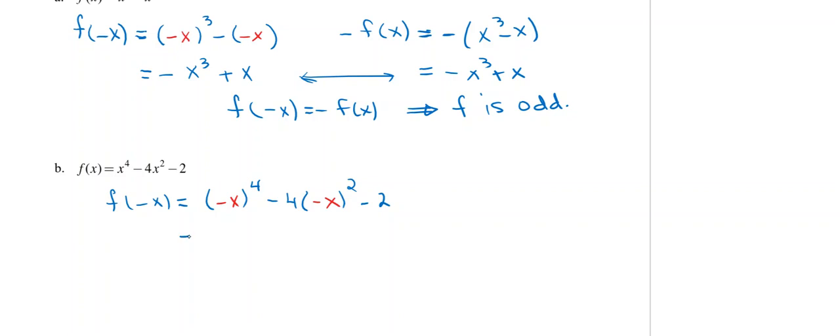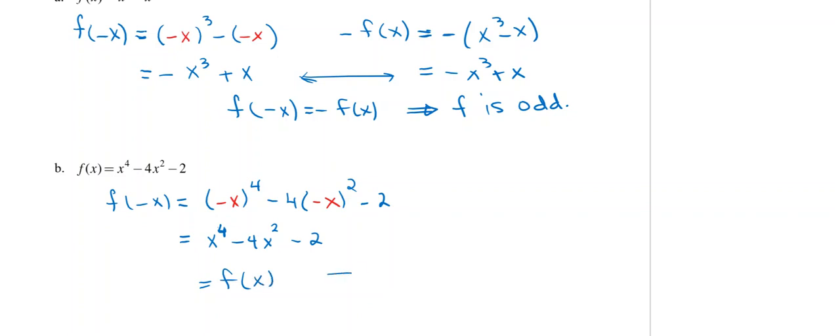So negative x to the fourth power is positive x to the fourth, because negative to the fourth power is positive, minus 4 times negative x squared gives you just x squared, minus 2. Oh, and look at that. That's exactly equal to f of x.